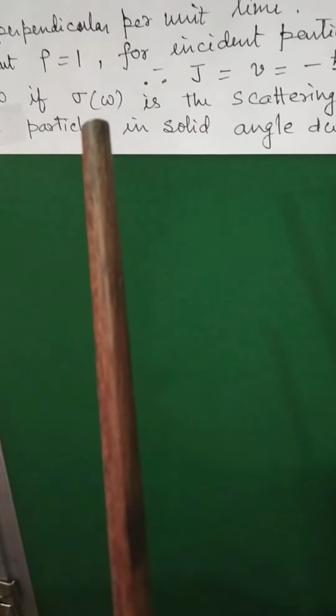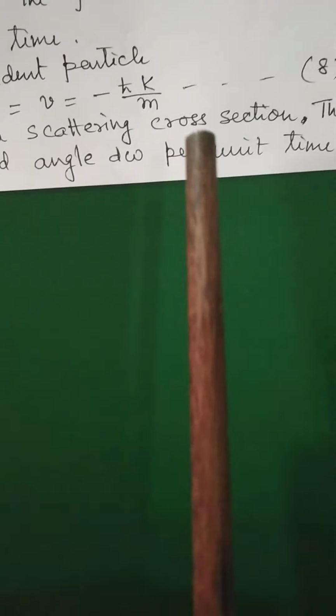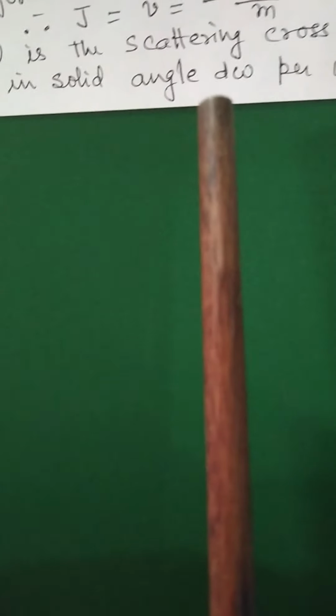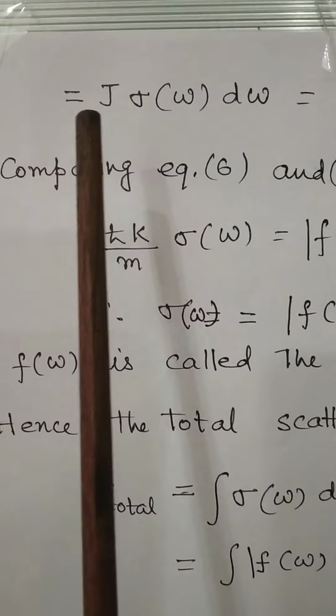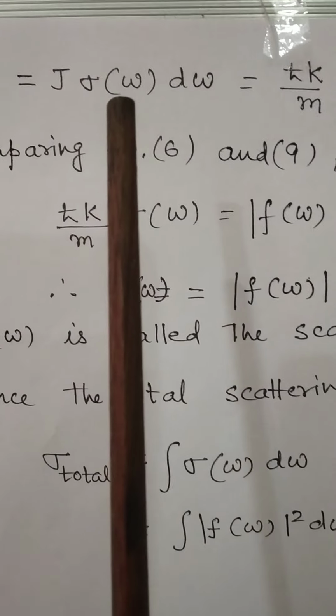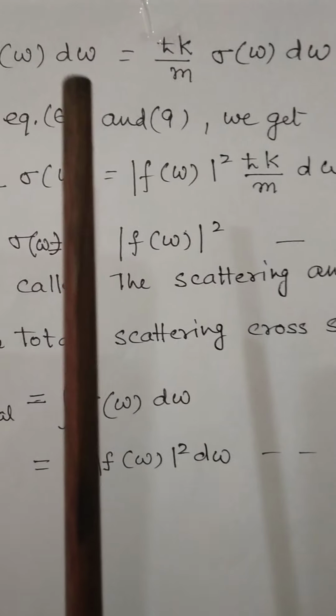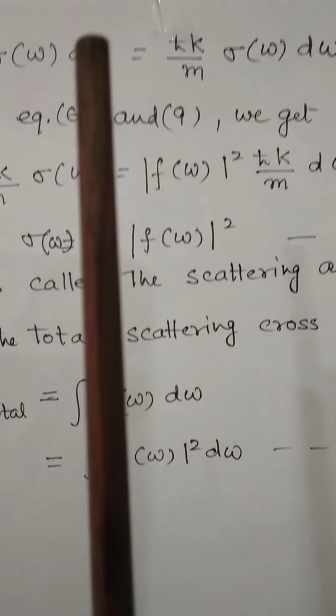Now if sigma function of omega is the scattering cross section, the number of particles in the solid angle d omega per unit time is equal to J multiplied by sigma function of omega multiplied by d omega.